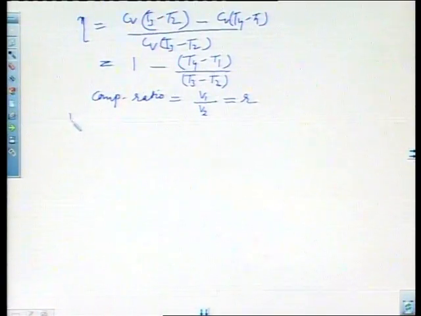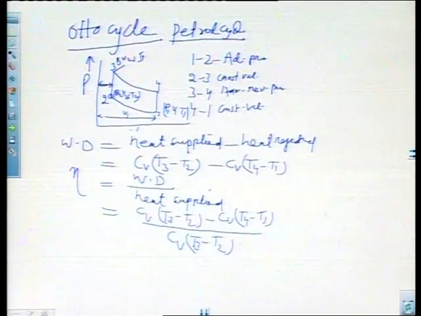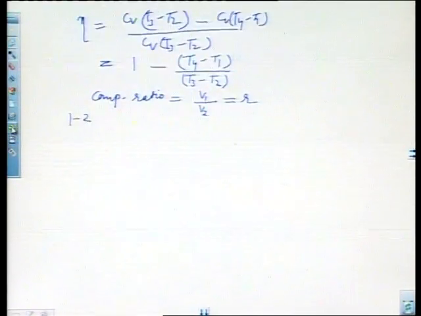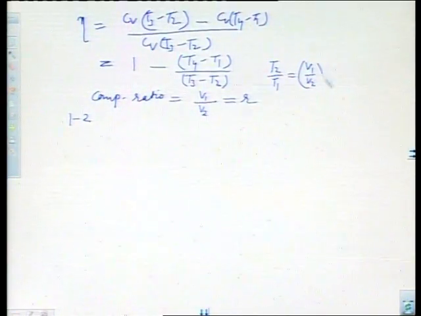Now, take process 1-2. 1-2 means this one. Apply one standard formula I will show for you. Always remember T2 by T1 is equal to (V1 divided by V2) to the power gamma minus 1.